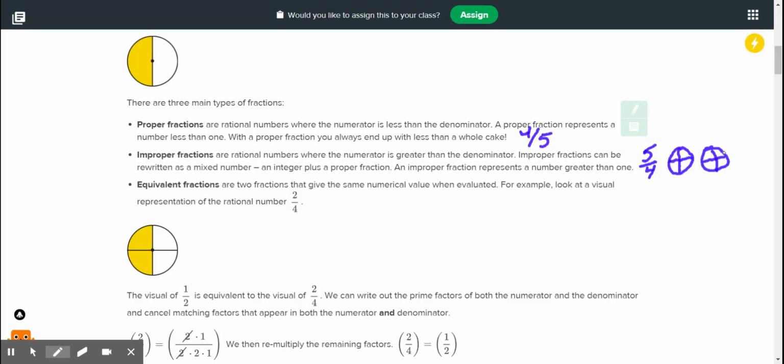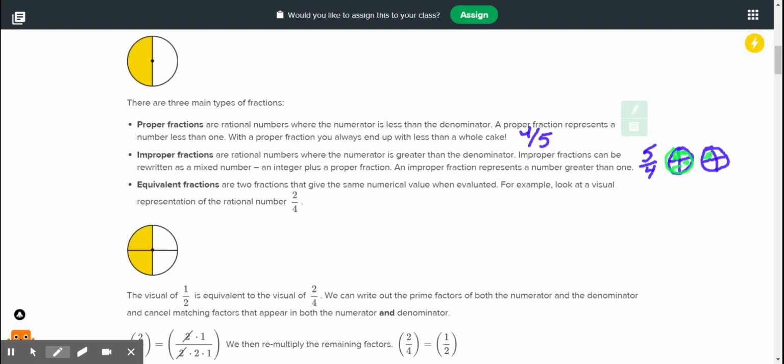Because I'm going to take 5 of those pieces. Well, I'm going to take 1, 2, 3, 4, 5. So I'm actually taking 1 whole plus 1/4 of the other.